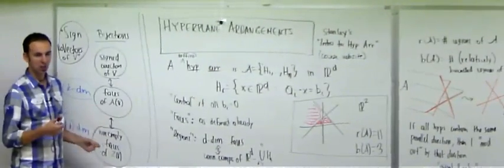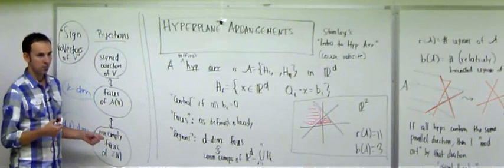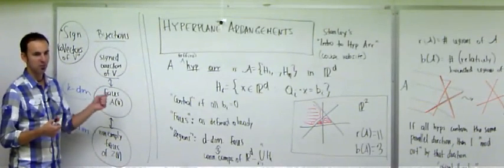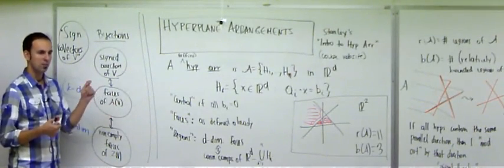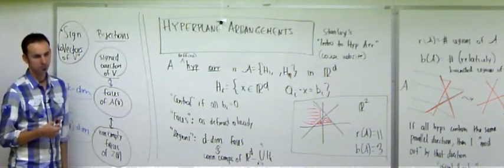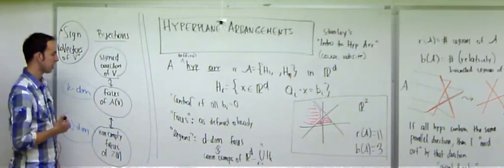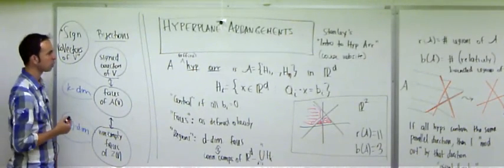And you had a lot of trouble describing the faces of the zonotope. So what I'm asking you to do is describe the faces of the arrangement and explain why the faces of the arrangement correspond to ordered set partitions. And then you'll see that that's a lot easier having this extra tool.